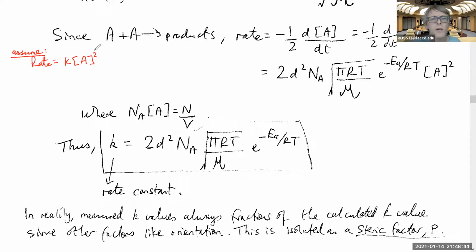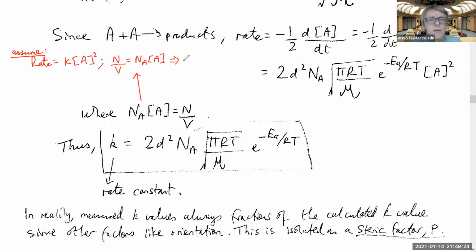So here we can read into the fact that the number 2, the second order, is just the number of A's needed to be present at a reactive site. And we know that N over V is N_A times A, which is from here.